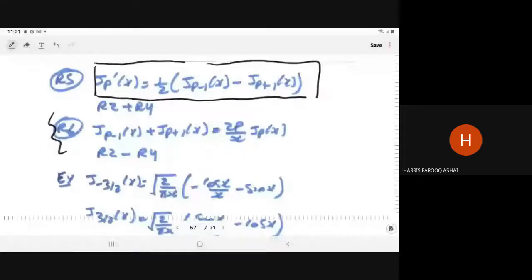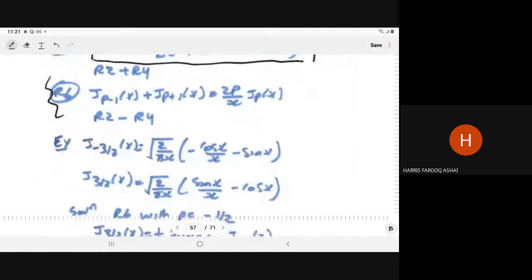This recurrence relation you can obtain by doing the operation R2 minus R4. Now, as I have told you, using this recurrence relation, we can determine the higher order Bessel function.